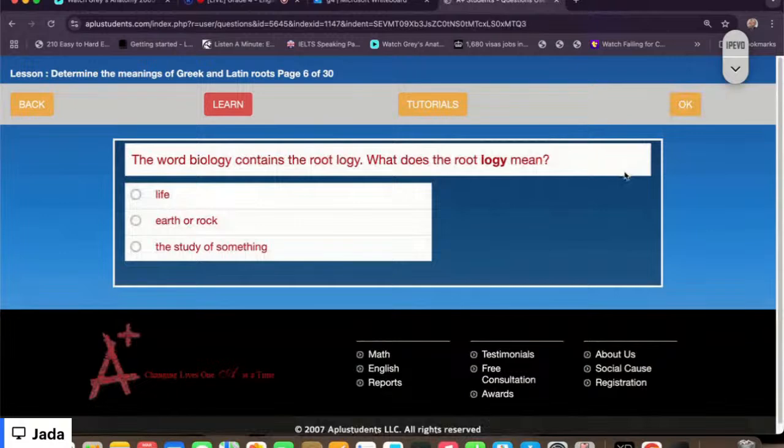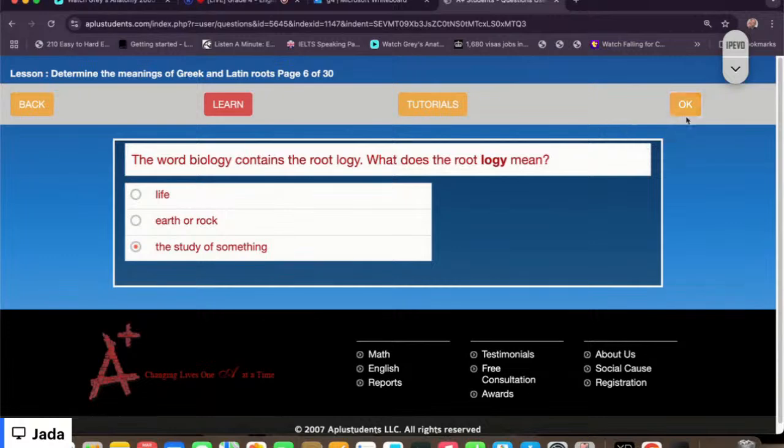Life, earth or rock, or the study of something. What do you think? So it would be what?